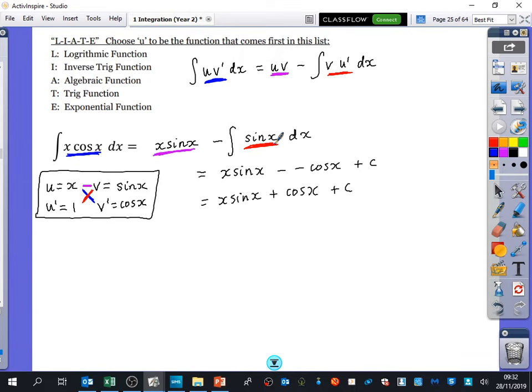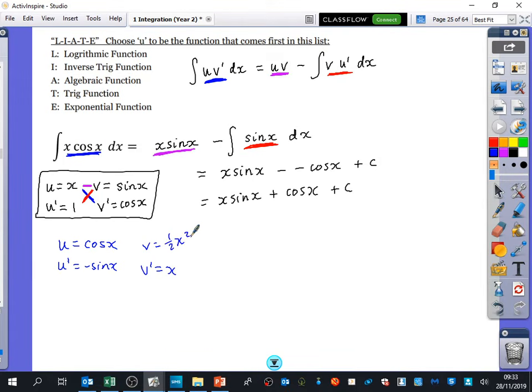Ruhan asked a good question. He said, what would happen if I picked these the wrong way around? If I didn't pick u as x, maybe I picked u as cos x instead. Well then, if u was cos x and v dash was x, u dash would be minus sine x, because cos differentiates to minus sine, but v would be a half x squared.